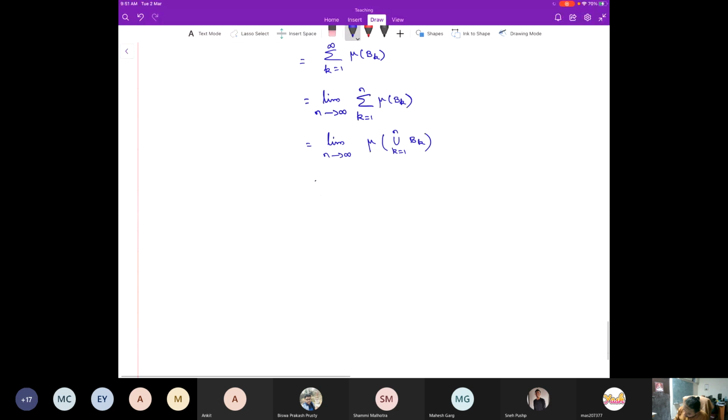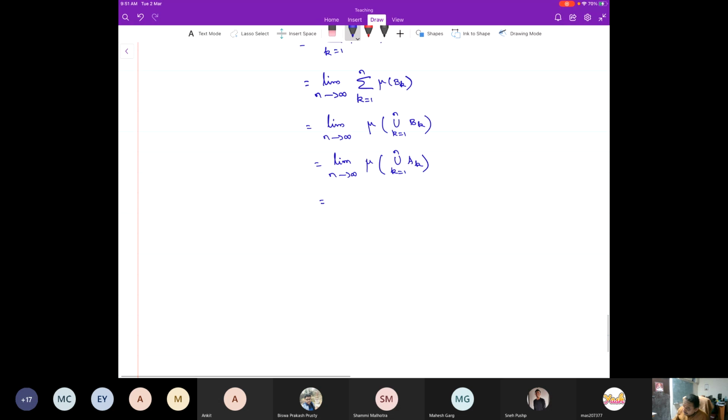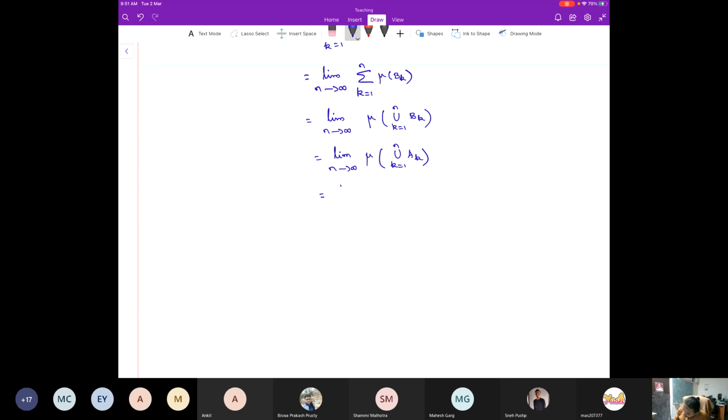So same as limit n tending to infinity, mu of union k running from 1 to n, Ak. But all these Aks are increasing. Therefore, this is the same as mu of An. That's it. And that's exactly what we wanted.